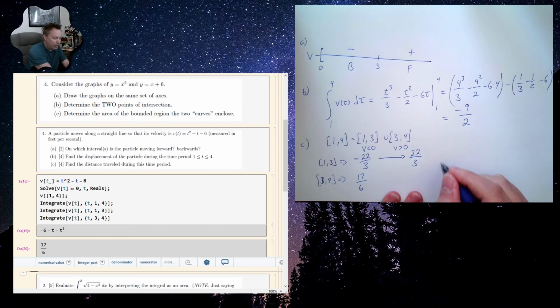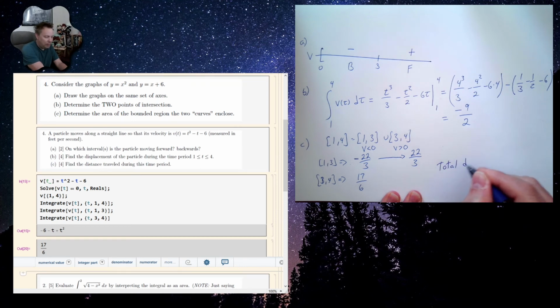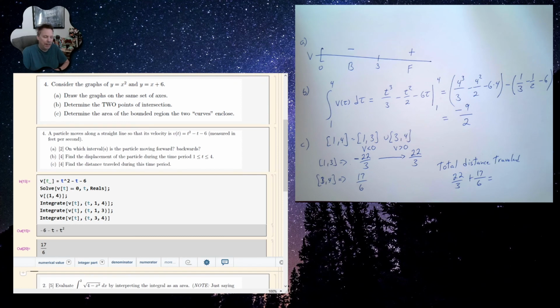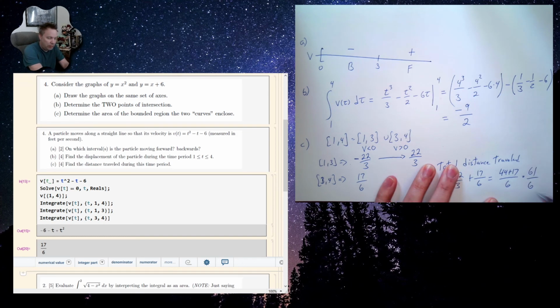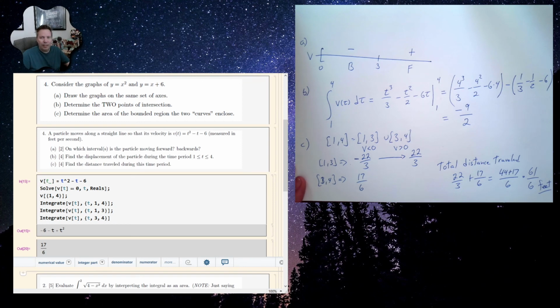Now the total distance traveled is the sum of these. 22/3 plus 17/6. Whatever that turns out to be. Well, we can do this rather quickly. This is 44 plus 17 over 6. I'm just getting a common denominator of 6. 44 plus 17 is 61/6. And remember, this is measured in feet.